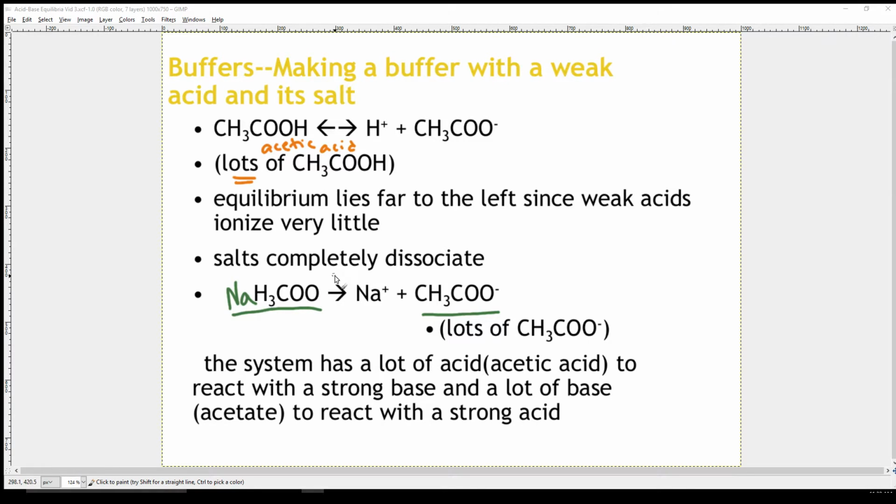Since they completely dissociate, you are able to create lots and lots of that ion that goes with the original acid. So when you mix acetic acid with its salt, sodium acetate, it will have a whole lot of the acetic acid because it's weak, and a whole lot of its conjugate base, acetate, which comes from the salt. So you'll have a whole lot of everything on both sides, and that will be a buffer.